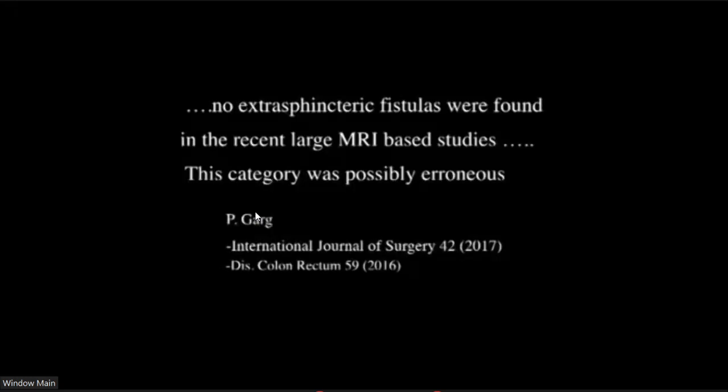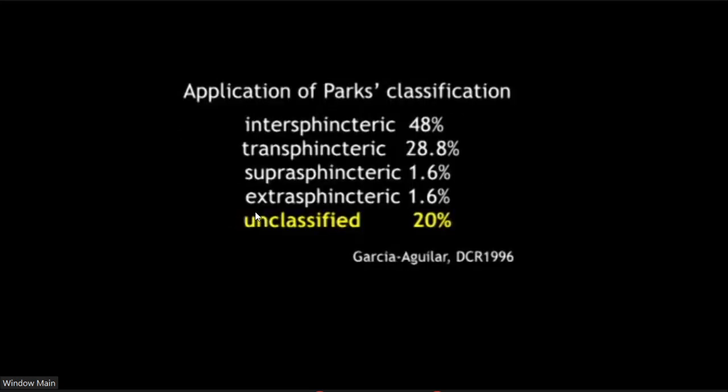And this is a recent series by Clark from India. He said no extrasphincteric fistula were found in a recent large MRI-based study. If you look at another paper, he used the Parks classification to categorize the fistula.